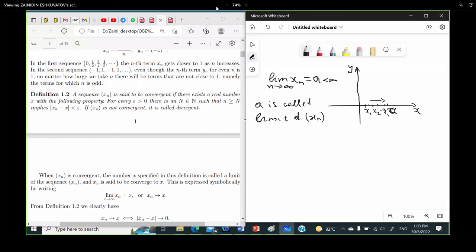Now the second one: it can approach from the right side also, x2 and so on, xn. You can see xn approaches from the right side. And there is a third case. Here we have A, but x1 starts from here, x2 is here, x3 is here, x4 is here, next x5, x6, and so on.